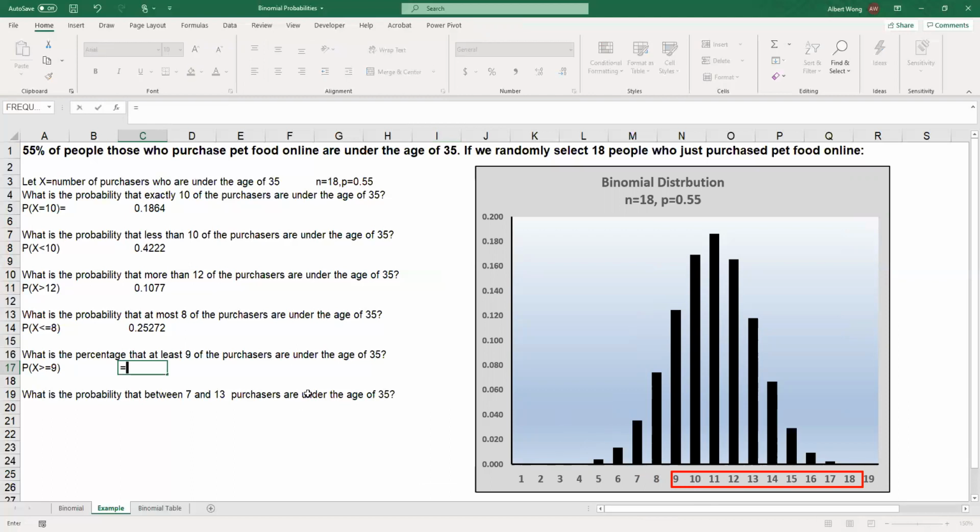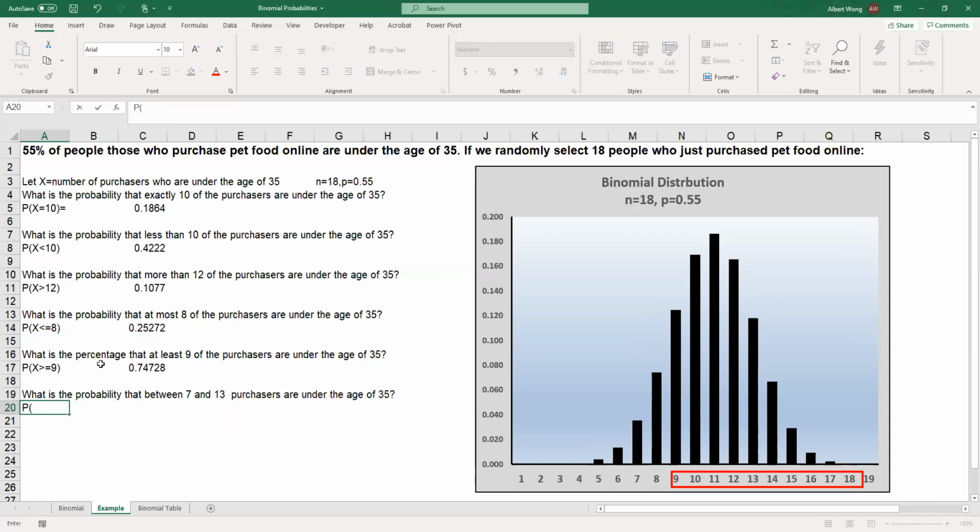So 1 minus binom.dist, and all the way up to 8, 18, 0.55, and 2. And that probability is equal to 0.7473.